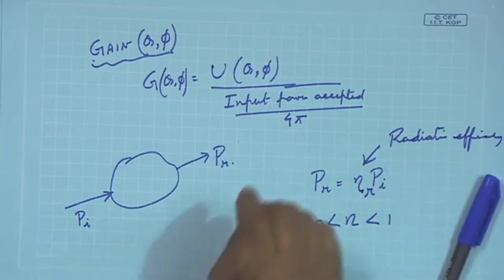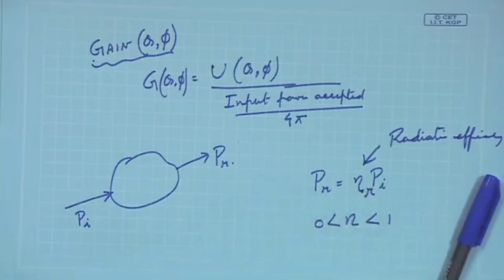Whatever input power I am giving, if the radiation efficiency is substantial, I know that power is also getting radiated. If it is an absorber type of thing, then the radiation will be very low. But for microwave antennas the radiation efficiency should be 70%, 80%, 90%, even 99%, because ohmic loss is very small if you have a good conductor.